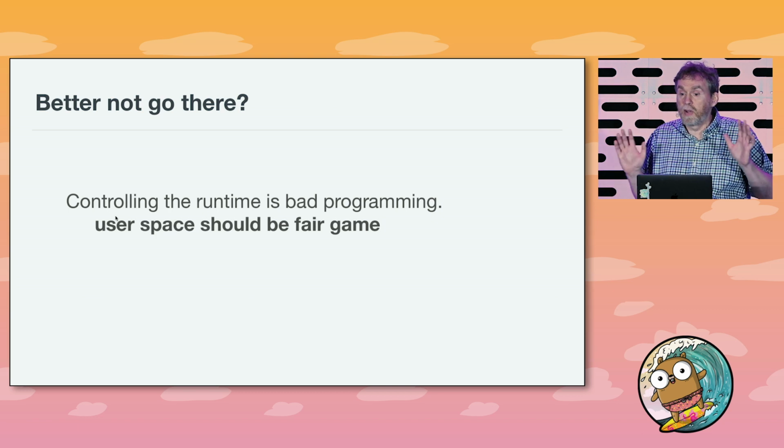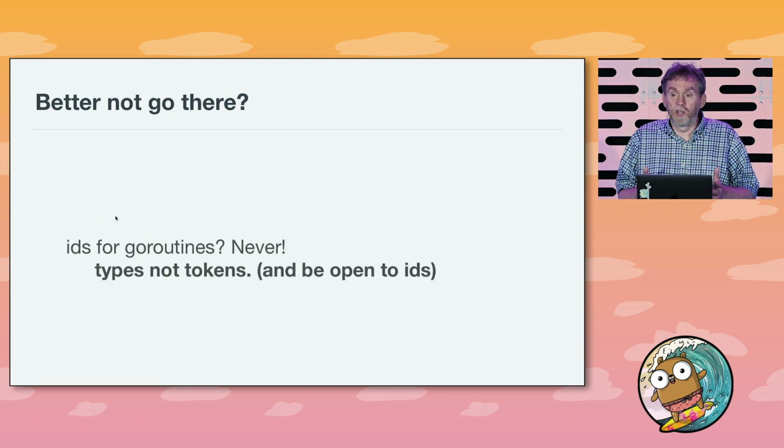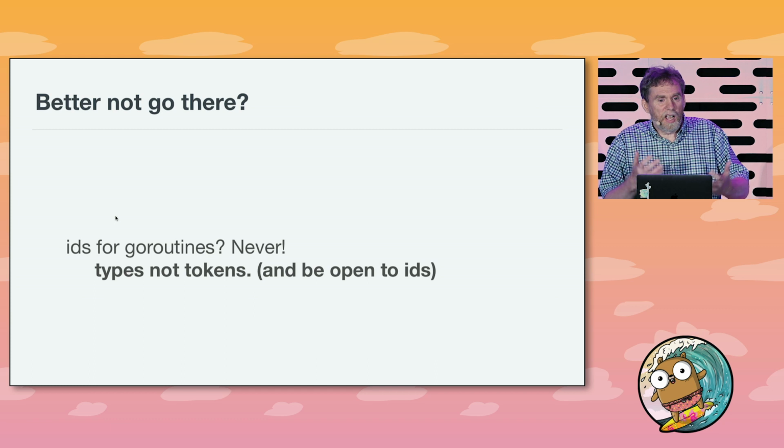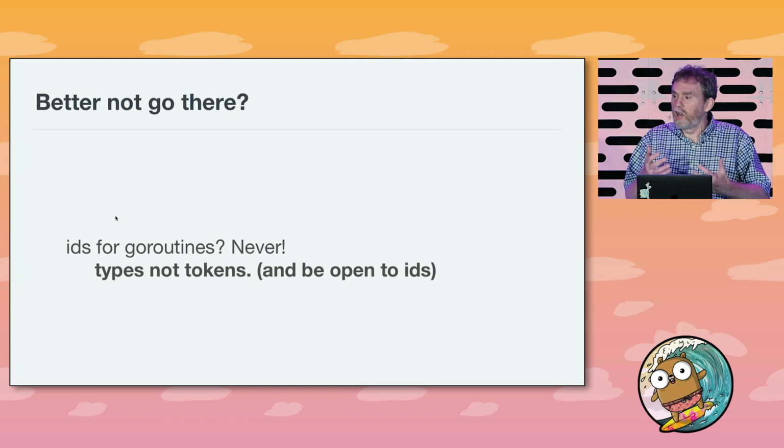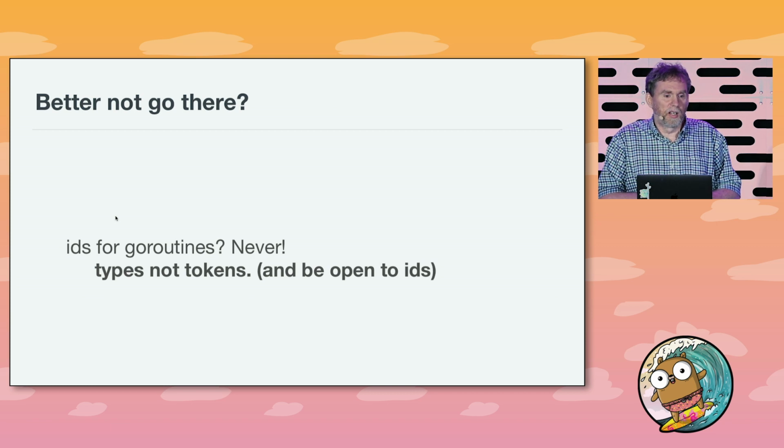IDs for Go routines, bad idea. I hope I convinced you not only that this idea of Go routine color is different than a Go routine name, we already have it in a sense because a certain function runs. That's the kind of Go routine we're talking about. So in a sense, we have colors already, we just didn't know it.